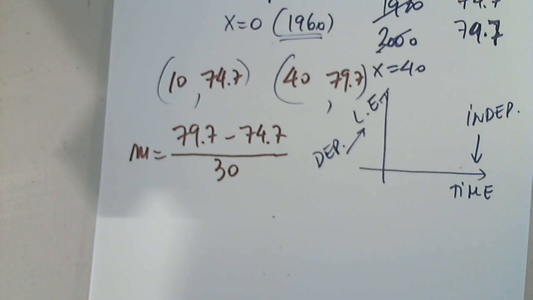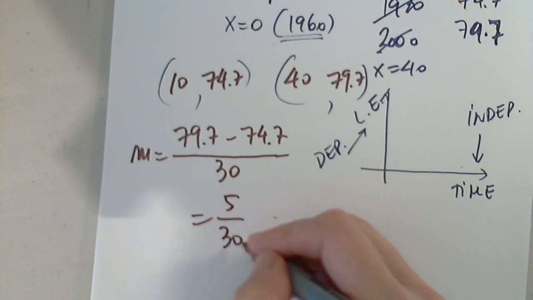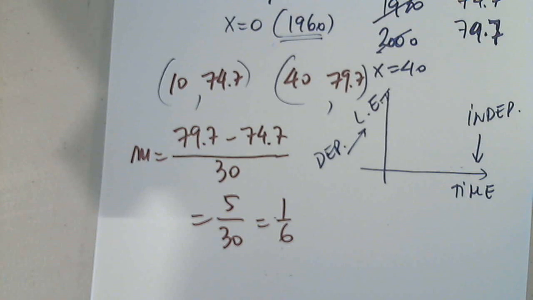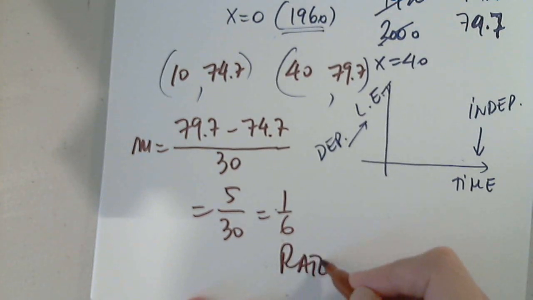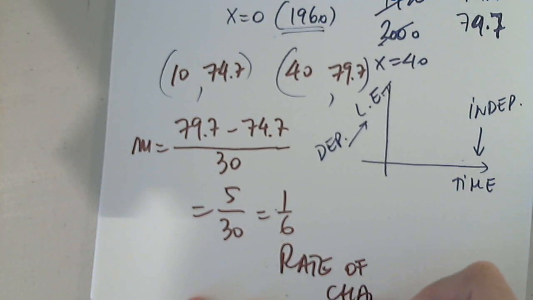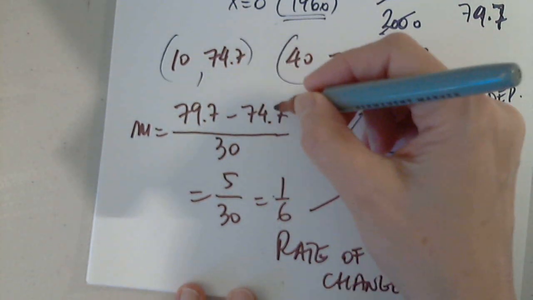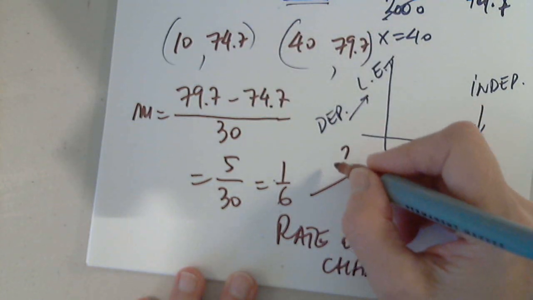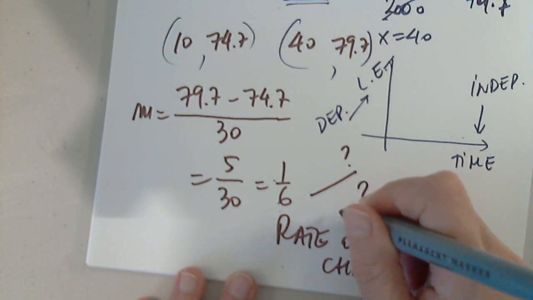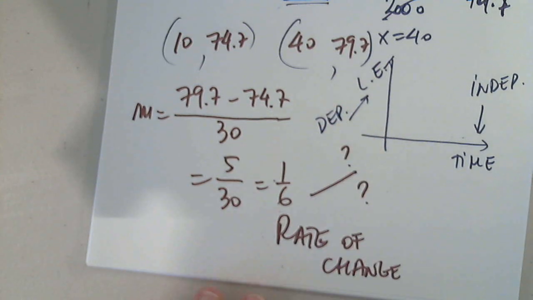And I got, when I divide by 30, it's better to leave it because it's 5 over 30, which is 1 over 6. This means nothing without the measurement unit. Remember, it's a rate of change. It has to have two measurement units. One coming from the numerator, the measurement unit of the numerator up here, and one from the denominator, coming from the measurement unit of the denominator.